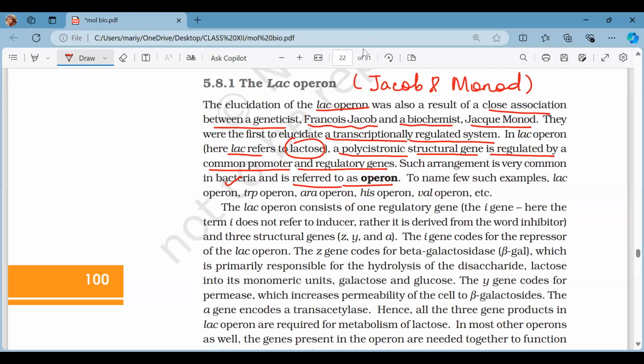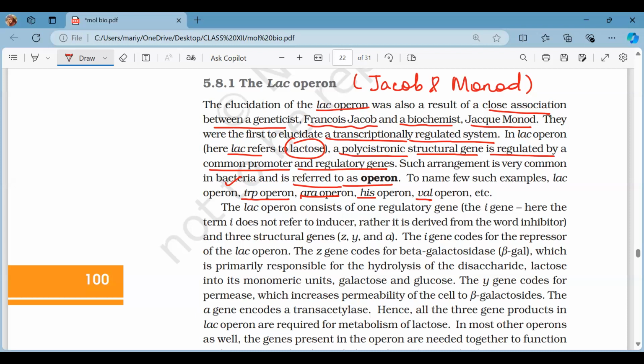Just like the lac operon, there are the trp operon, tryptophan operon, the his operon, histidine operon, and the val operon, valine operon. All of these different kinds of operons are present, and they have their different inducers or regulators. Here we are going to study the lac operon, which is the most important one out of all of them.